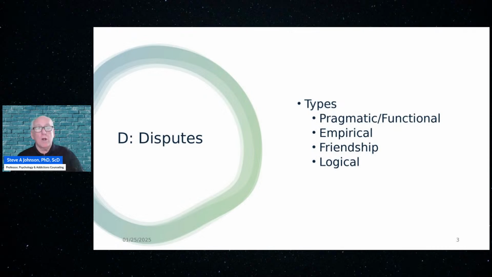Well, there are 4 general types of disputes that we use. I'm listing these in the order that we generally find more helpful to clients. This is not true for all the clients. We're listing them in general. And when we first are working with a client, we don't know which among these disputes or challenges of those beliefs is going to be most helpful for the client.